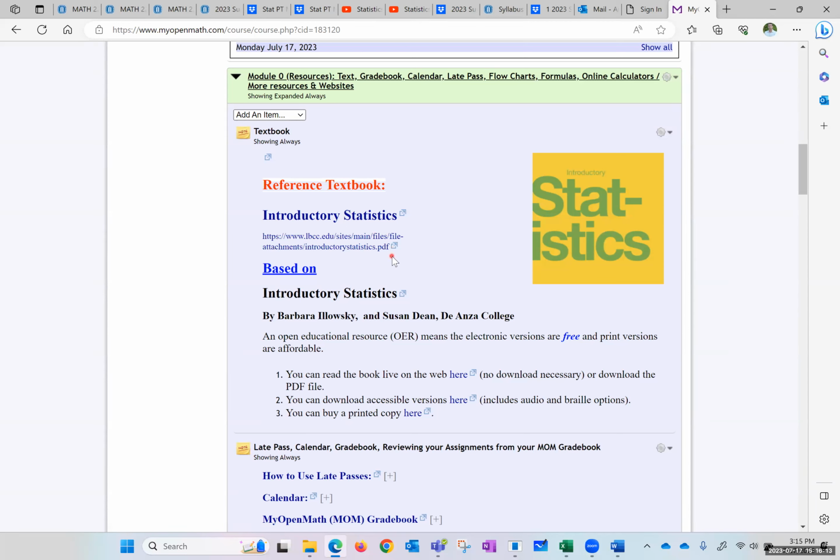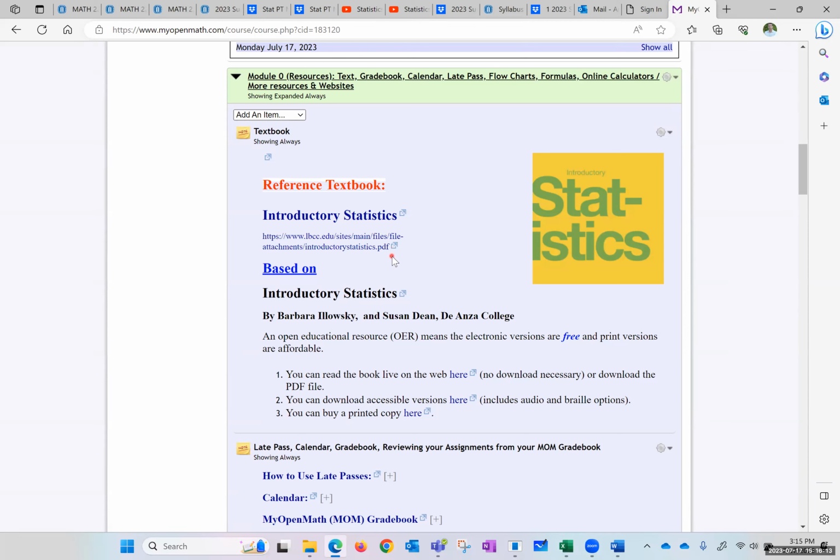But I'd rather use this one because it's based on this. Because you can view it online. And it's easier to navigate. It's just for the sake of navigation, and it's more like a reference text.